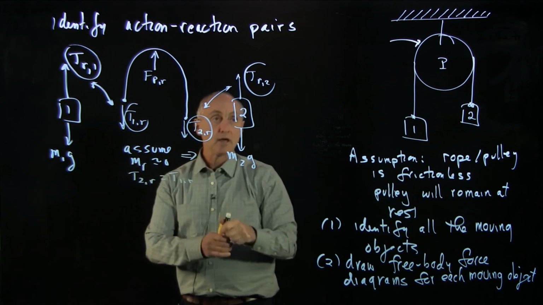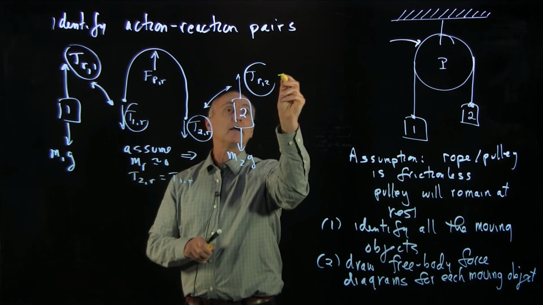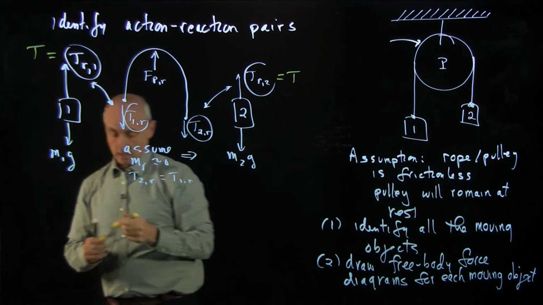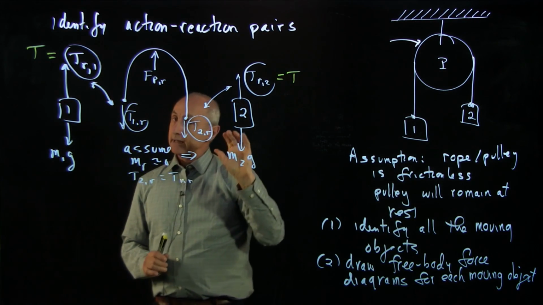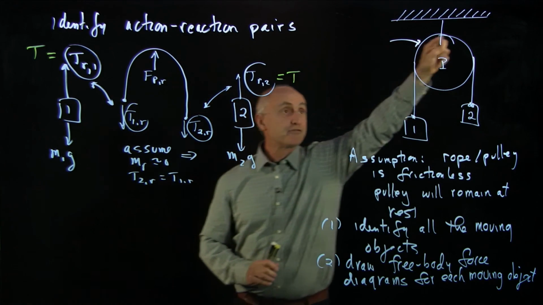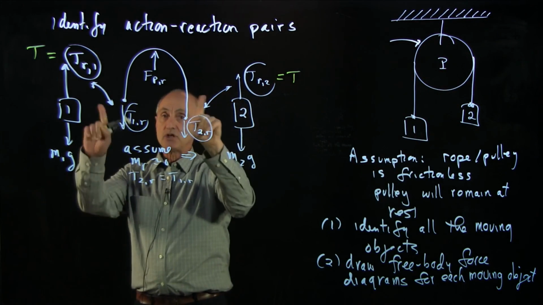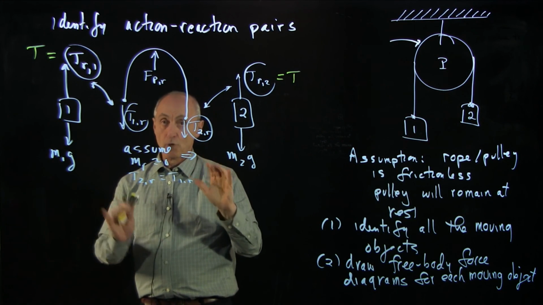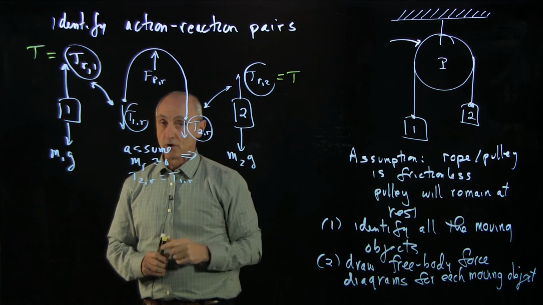And that's why we can now identify this as T and that as T. A little bit later on, when we talk about pulleys that have mass with friction between them, the tension on the two sides of the pulley will not be the same. But for the moment, we've made these assumptions, and that holds.